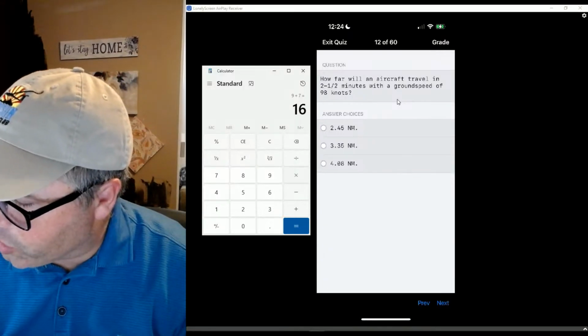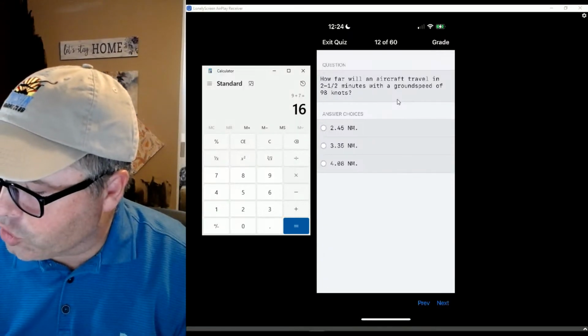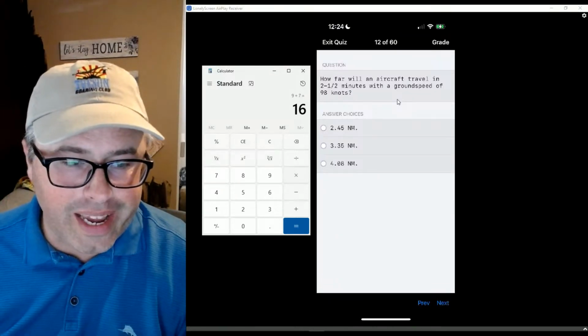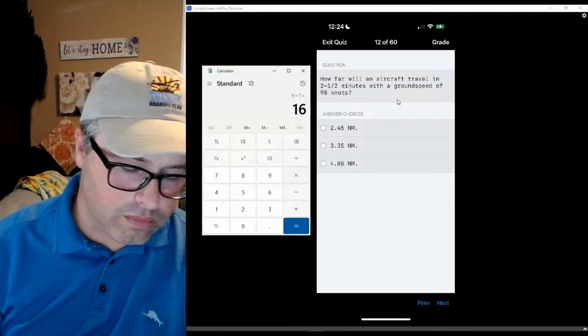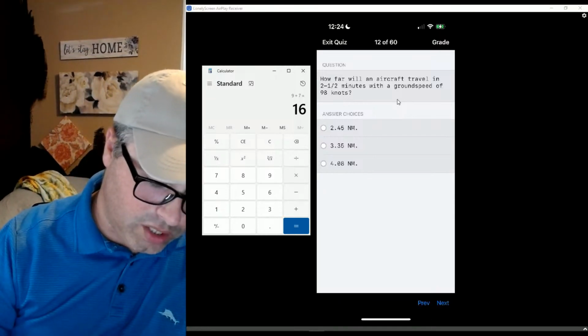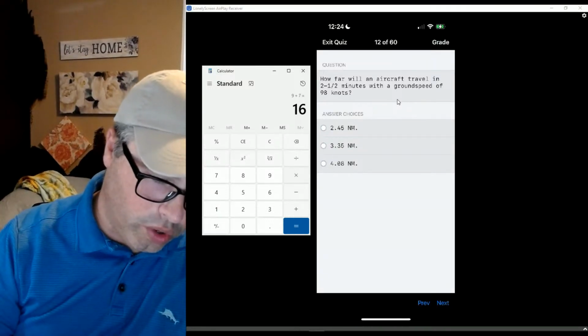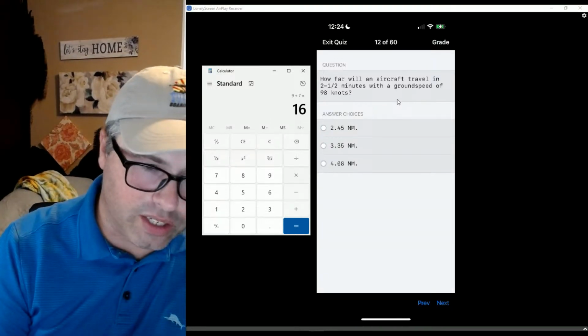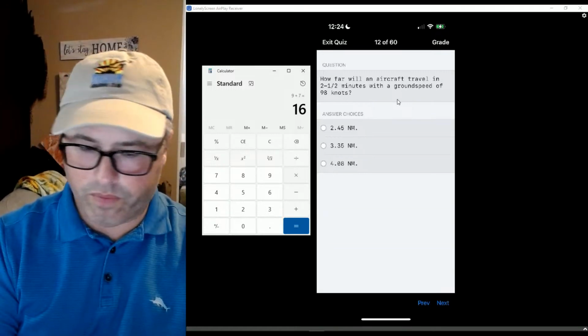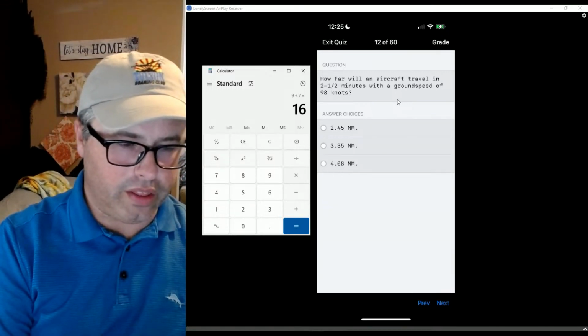How far will an aircraft travel in 2.5 minutes with a ground speed of 98 knots? Okay, so this is where your E6B comes in handy, which I put down right underneath the book.